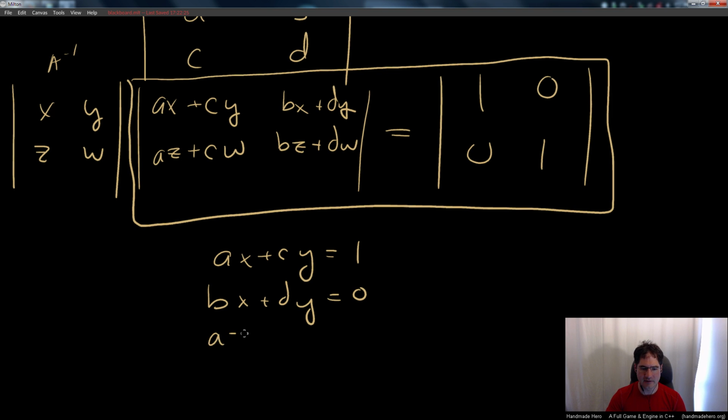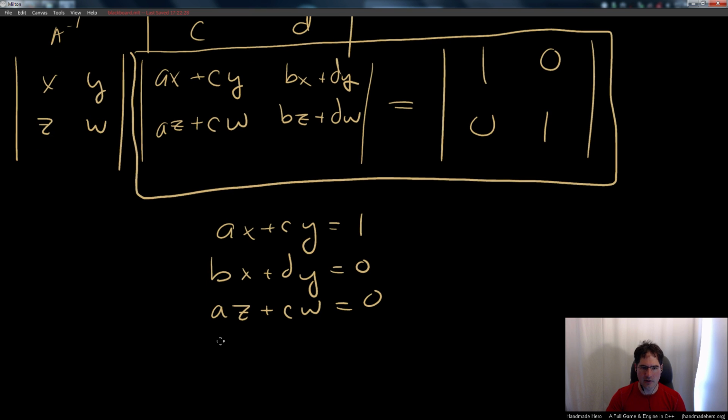I know that AZ plus CW has to equal 0. And I know that BZ plus DW has to equal 1, right? So I know the A's, the B's, the C's, the D's, right? I know the 1s and 0s, so I have 4 equations and only 4 unknowns, X, Y, Z, W.